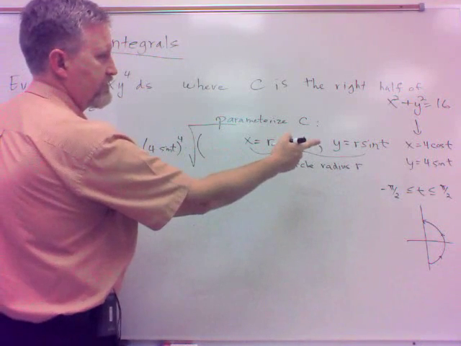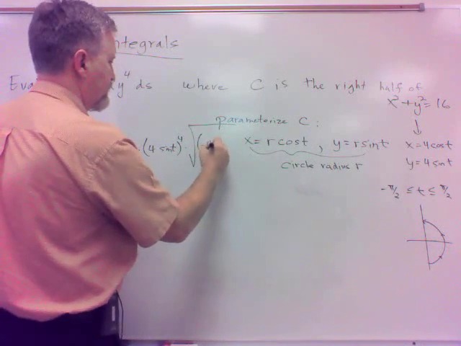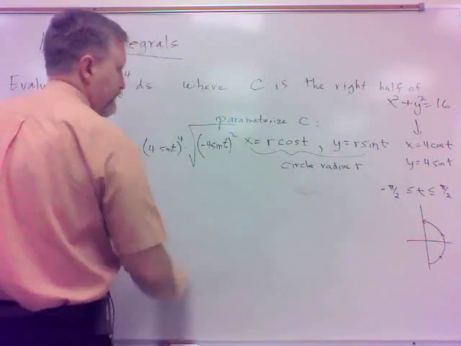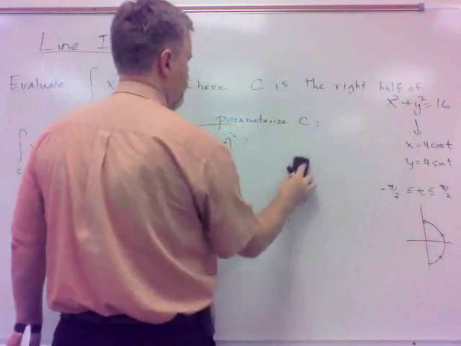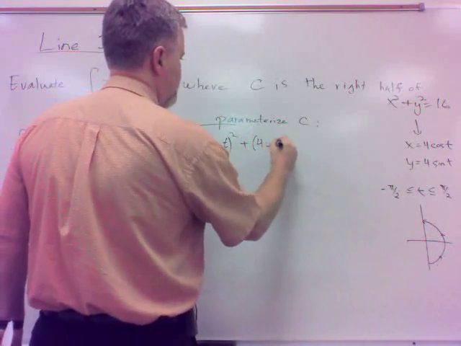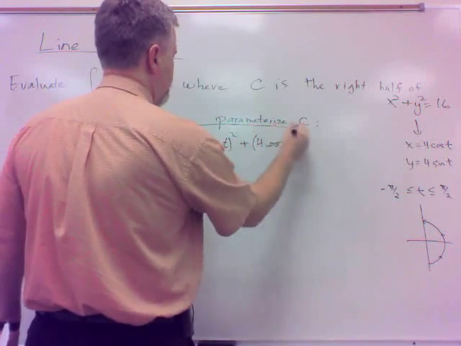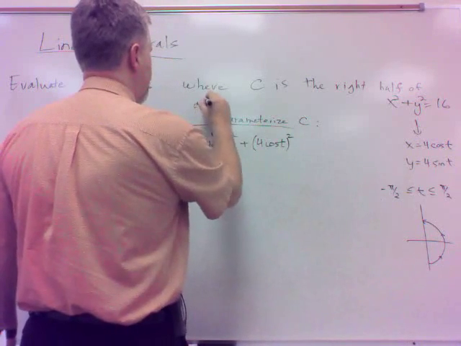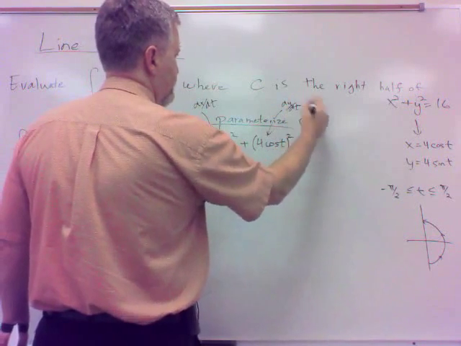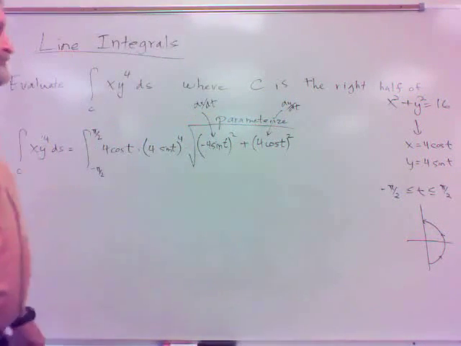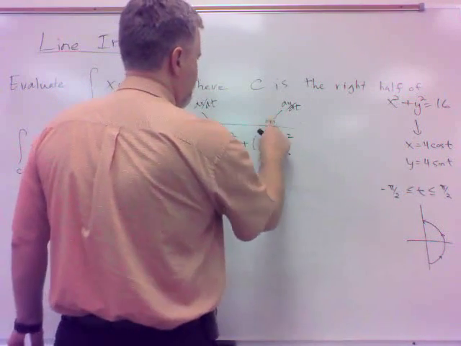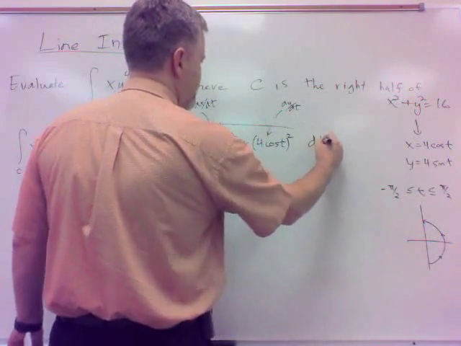So dx dt squared would be minus 4 sine t squared, plus 4 cosine t. Yeah, so this is dx dt, and this is dy dt. It's also a part of this line integral. And then dt.